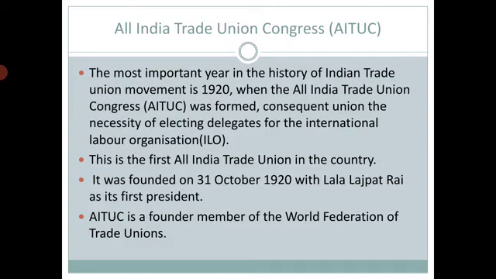By protecting the interest of the members, it always safeguards the relations between the industry, that is, the relation between employer and employee.